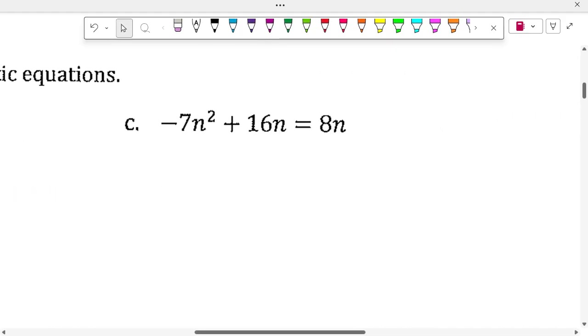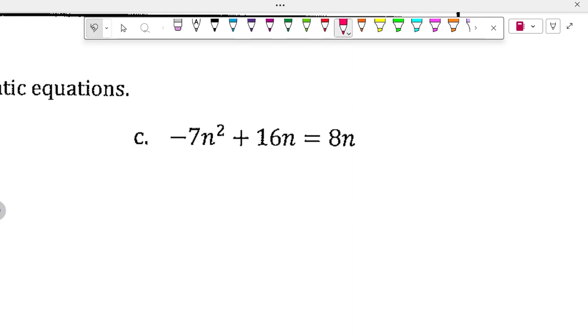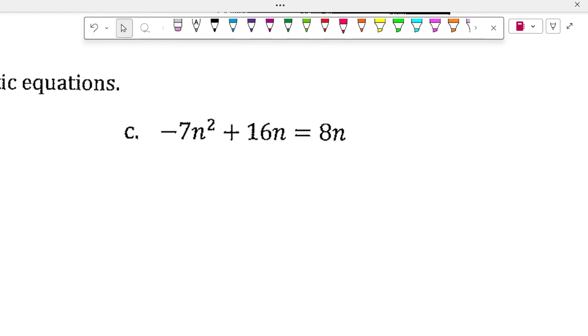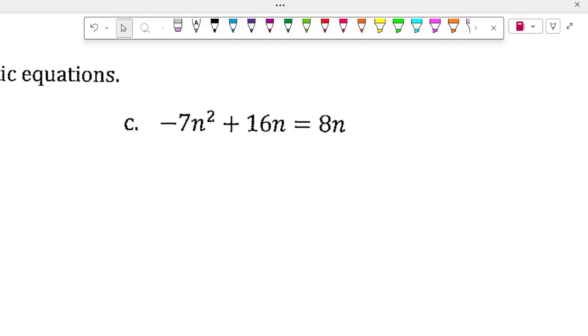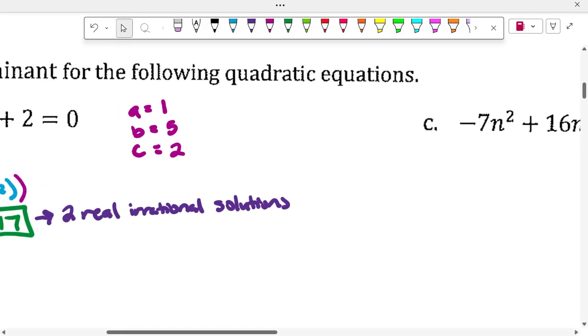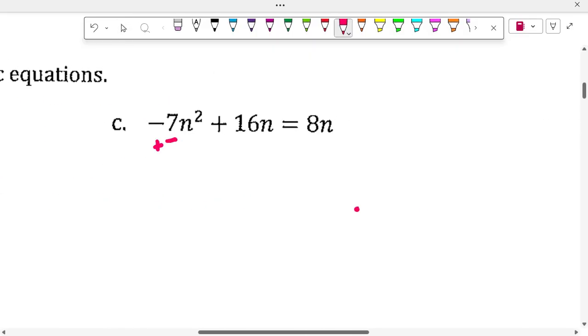All right, let's look at this next one, letter C. First off, is my x squared positive? No. So now I know which side I need to move to the other side. That means I'm moving the left side to the right side, so I'm going to add 7n squared to the other side.